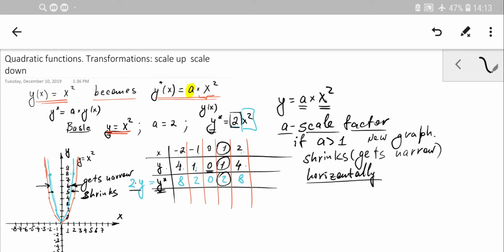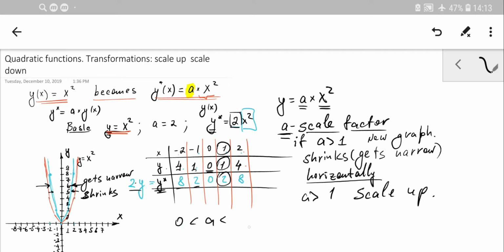Instead of 4 we'll get 8, instead of 1 we'll get 2, instead of 0 nothing changes because no matter which number you multiply by 0 you still have 0. So that's why your a is called a scale factor. In case a is more than 1 we have scale up.